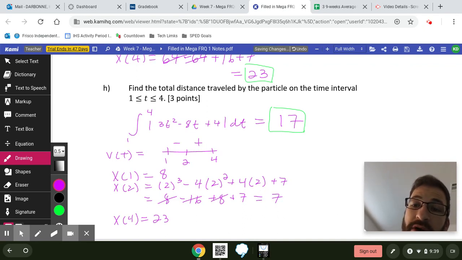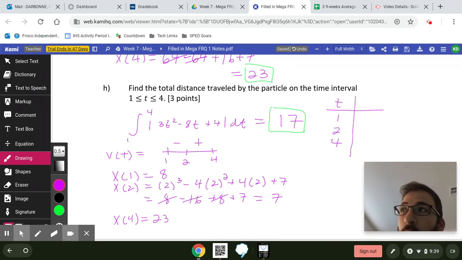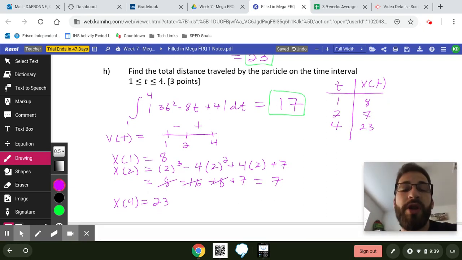So on our interval, at times 1, 2, and 4, our position is 8, 7, and 23. This lines up with what we know. We're moving to the left, so we go backwards in position, and then after that, we start moving to the right. That's why we increase from 7 to 23.